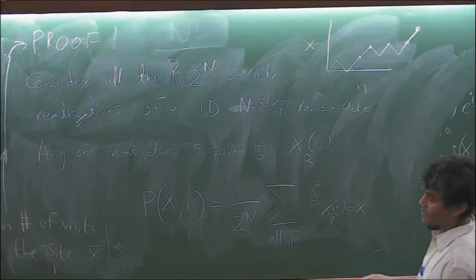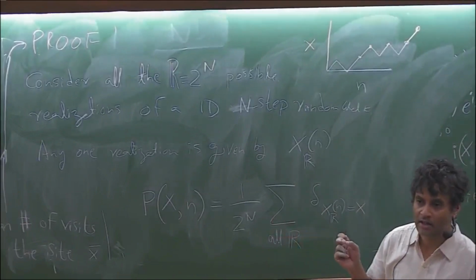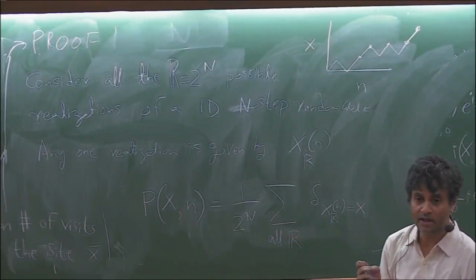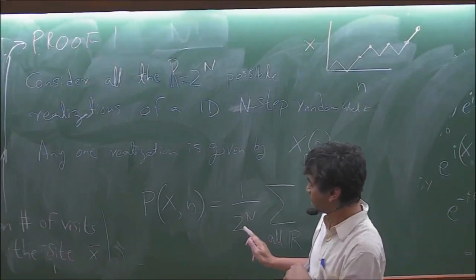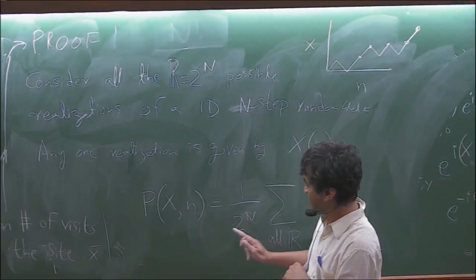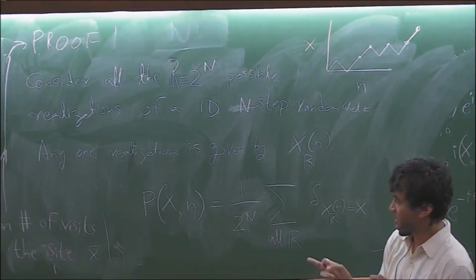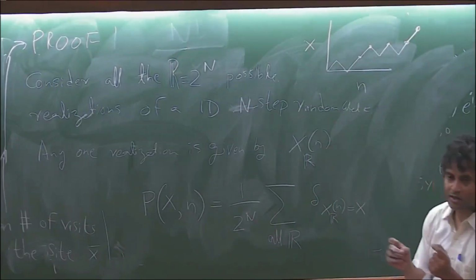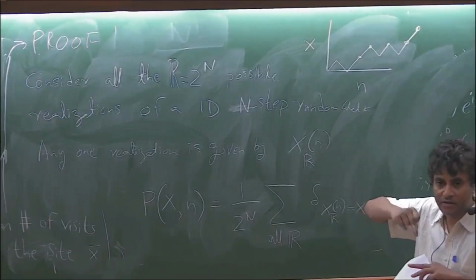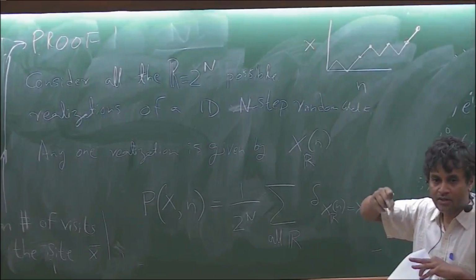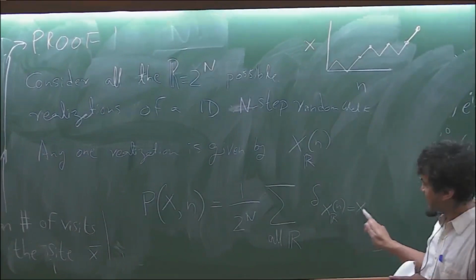So if I did a simulation, I would generate all the paths, and at a given time small n, which is between 0 and capital N, if I want the probability that it's at x, I have to sum over all trajectories where at the nth time the particle is at x.